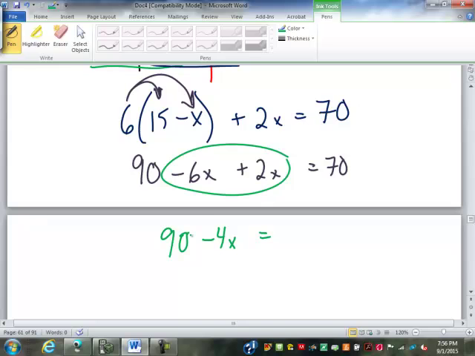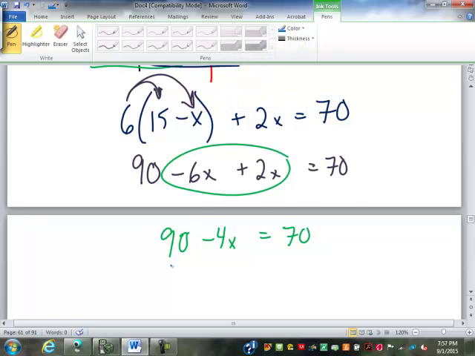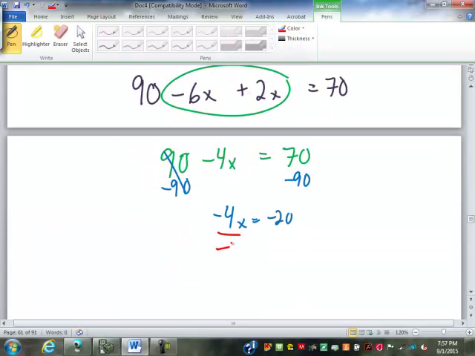So 90 minus 4X equals 70. From there, we're just solving the equation for X. We're subtracting 90. Negative 4X equals negative 20, and dividing by negative 4, X equals 5. Are we done?